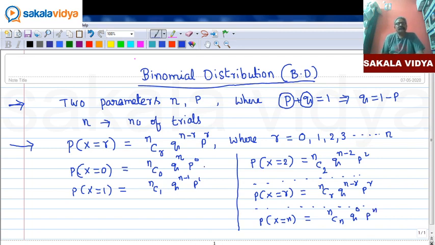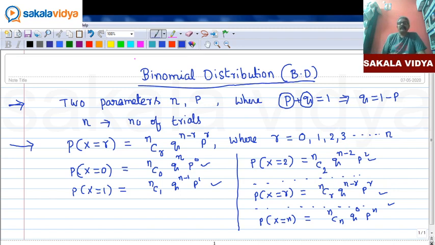If you observe these, P of X equal to 0, 1, 2, r, n, they seem to be the terms of the binomial theorem, the binomial expansion.